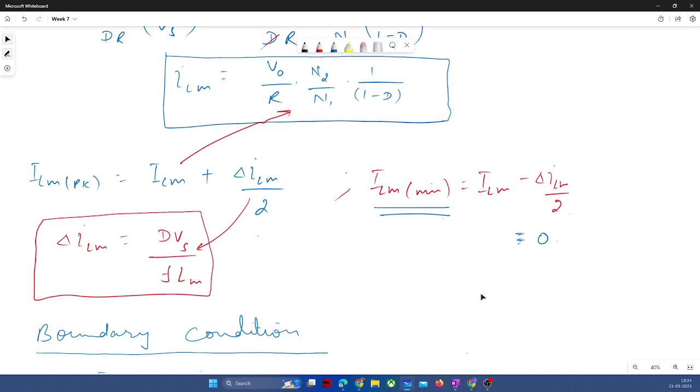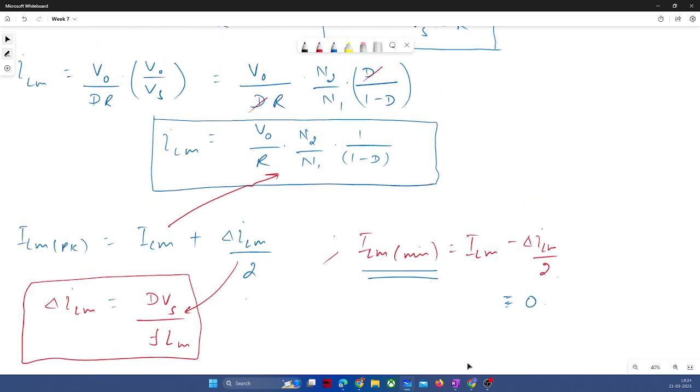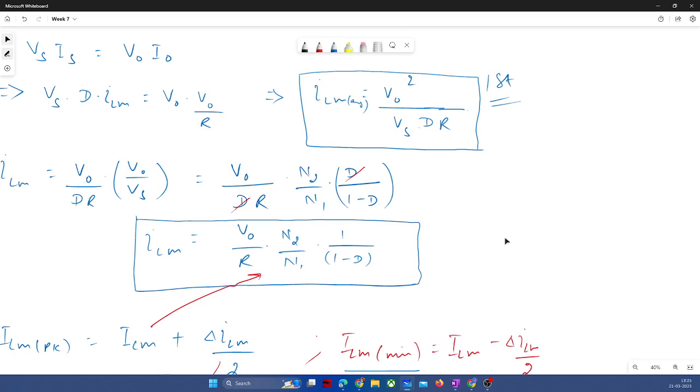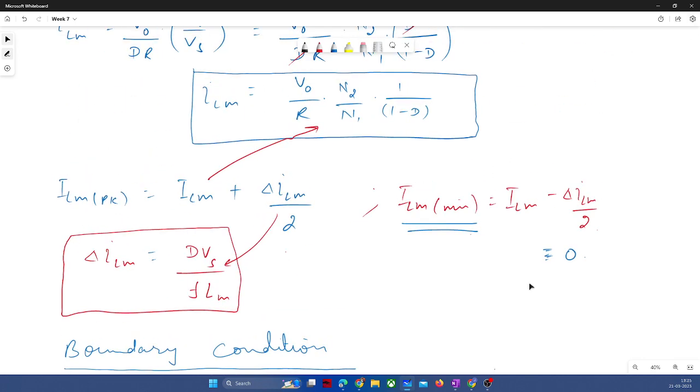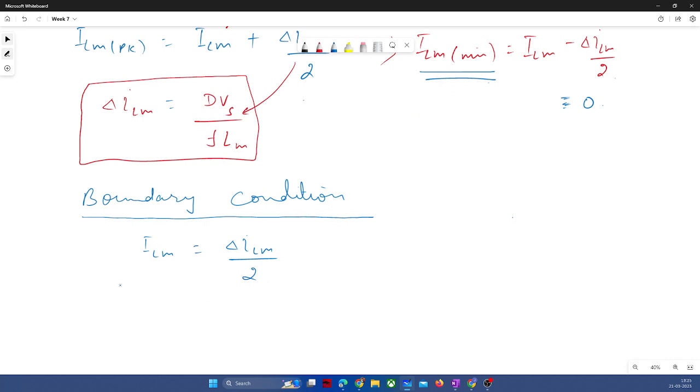ILM is V naught square by Vs into R into D, or you can write it as V naught by R into 1 by D, equal to del ILM by 2, which is Vs D by 2 f Lm.